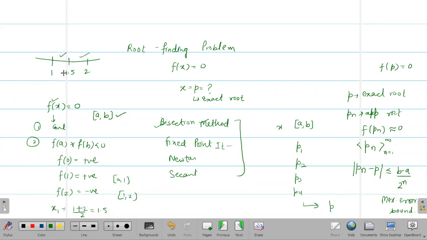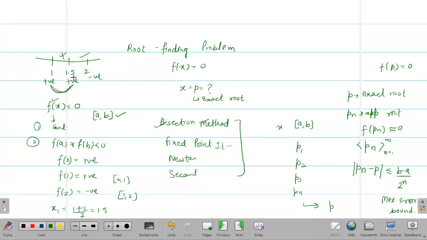Again, the sign of f at 1.5 will decide which interval you will choose, because you always choose the opposite sign interval. Suppose f of 1 was positive, and f of 2 was negative. Suppose f of 1.5 is positive also. Then you neglect this part, because you are getting the same sign here.